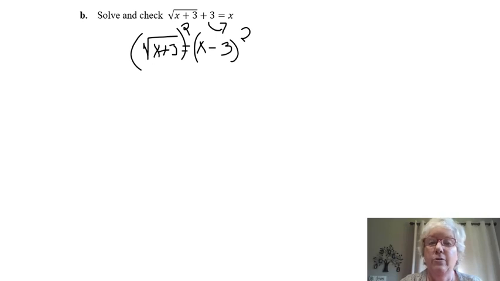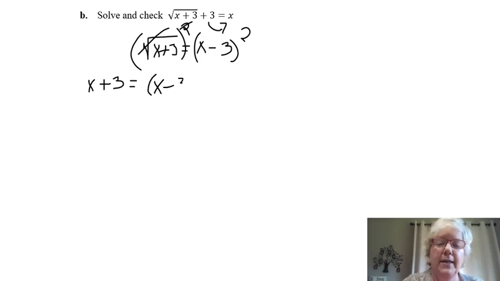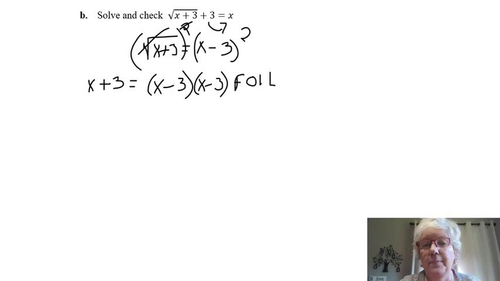The square and the radical symbol, the square root symbol, are inverses, so they cancel, leaving me x plus 3. However, on the right-hand side, I now have x minus 3 twice. I'm going to have to use good old FOIL method. Remember how you multiply polynomials, first, outer, inner, last?